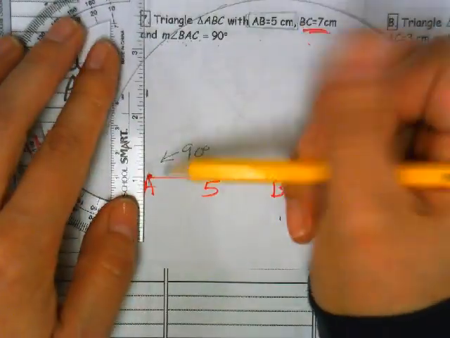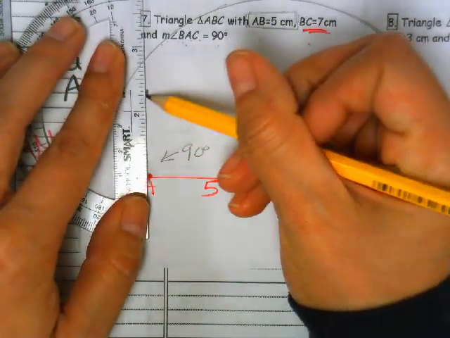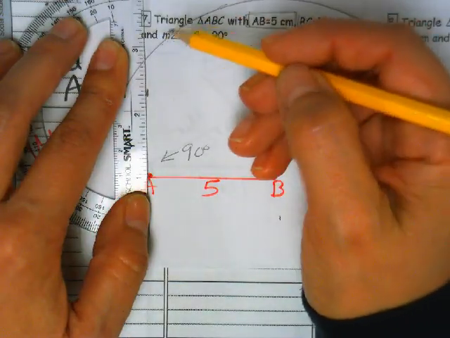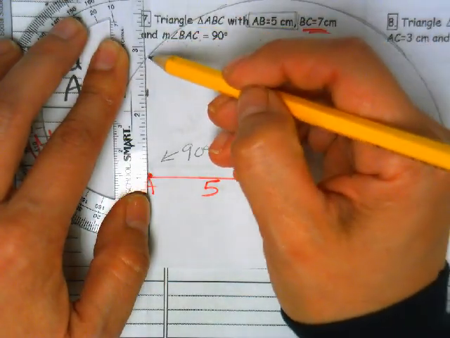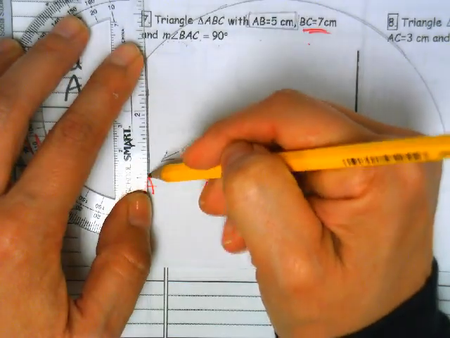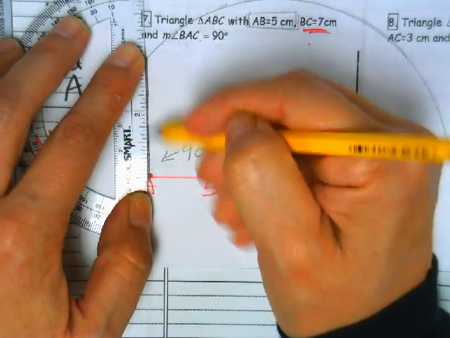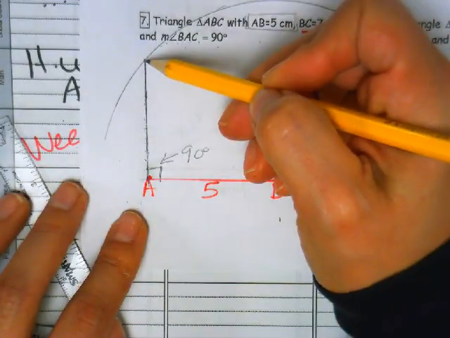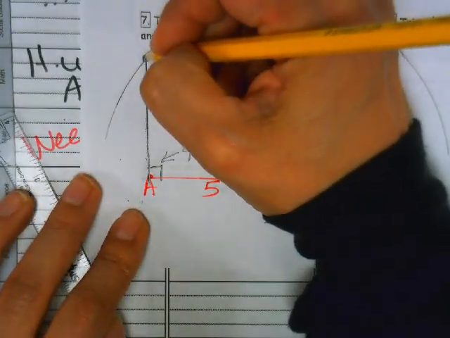Line it up to A, going backwards, to the mark. Where do I stop? Where it meets the arc. So that's 90 degrees. I stop where I meet the arc. That's the top of your triangle.